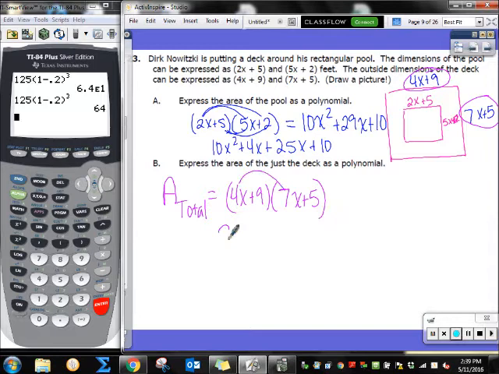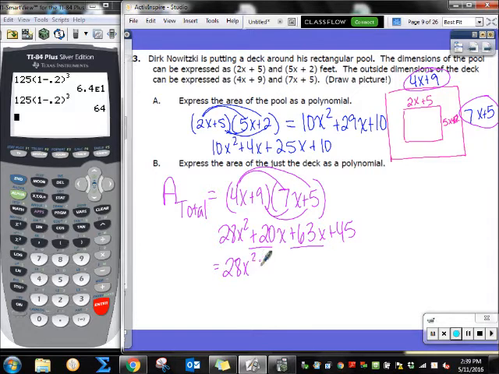So that's 28x squared plus 20x plus 63x plus 45. So then we combine like terms in the middle. So the total area is 28x squared plus 83x plus 45.